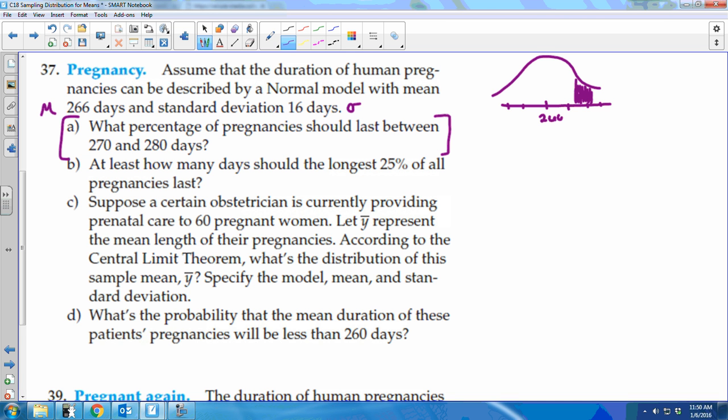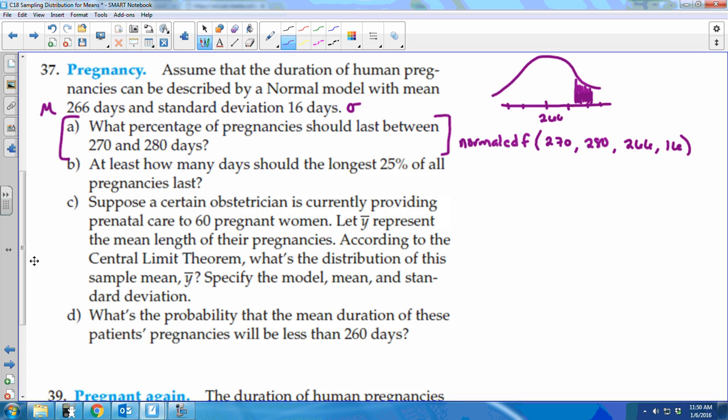So I could draw out the model and shade it, and that would be good for showing that I know what I'm talking about. But I would use normal CDF. What would my lower boundary be? 270, and my upper boundary would be 280, and my mean would be 266, and my standard deviation would be 16. And I could get the probability from that. But it has nothing to do with the sampling distribution model because we're not talking about a specific sample size.